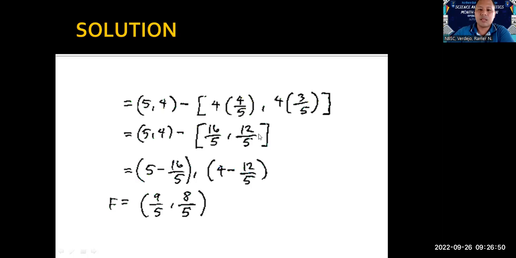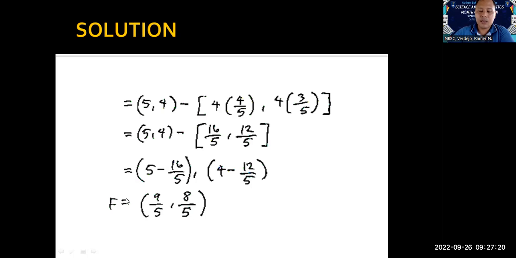So we are doing the subtraction in a distributive manner. Then we have the comma in between. So 5 minus 16/5, we have the first coordinate 9/5, and 4 minus 12/5, we have the second coordinate 8/5. This is now the foot of the perpendicular.